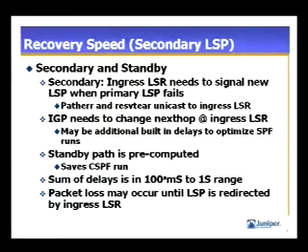When you're looking at a network and trying to build some resilience into it, recovery speed is pretty important. How fast is that network going to recover from an event? In the case of using an MPLS-based network with secondary LSPs, if you only have a secondary LSP, that's going to place the burden of recovering the network on the ingress router.